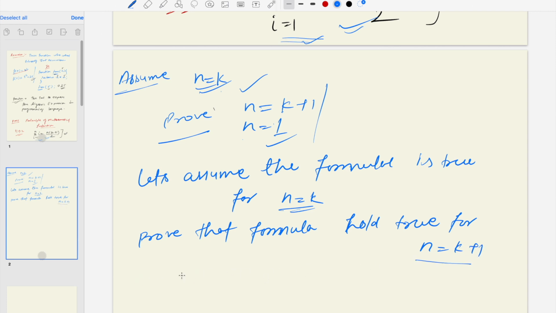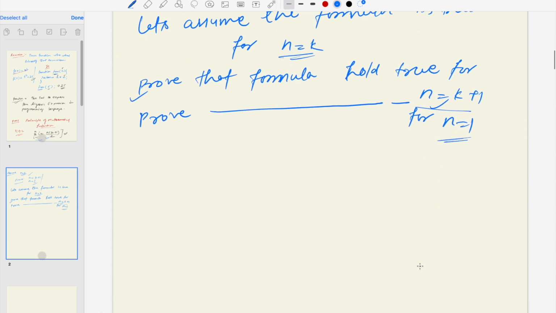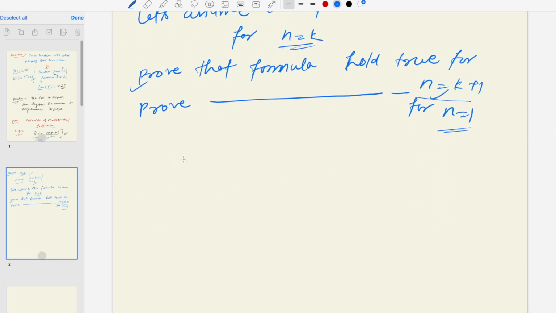We have to prove these two, and we also prove that the formula holds true for n equals 1. So we assume the formula is satisfied for n equals k, and assuming that, we prove it for n equals k plus 1 and n equals 1.